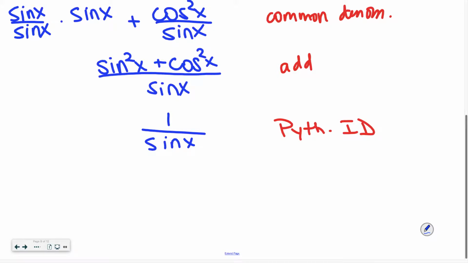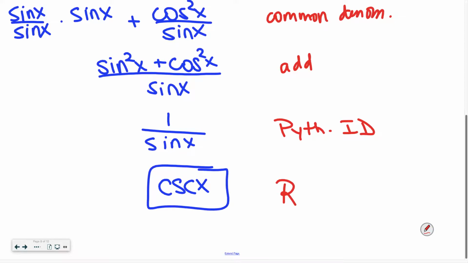One more step. What's 1 over sine x the same as? Let's change it then. Okay, we have a reciprocal identity that tells us that 1 over sine is the same as cosecant.